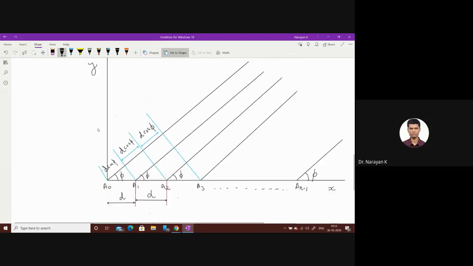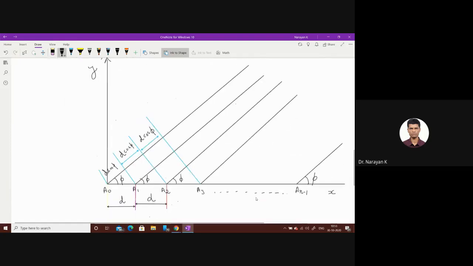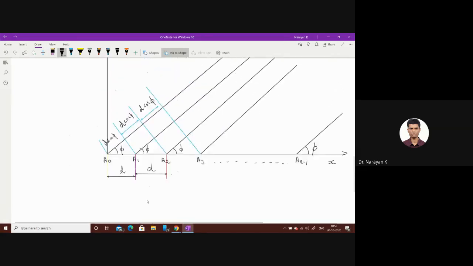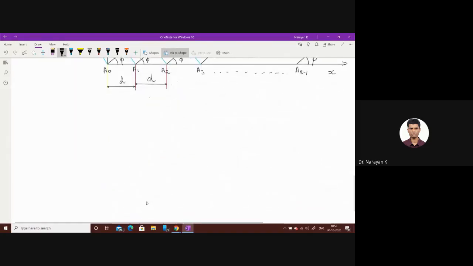This is your x-axis and this is your y-axis. That is what I have shown in the figure. So now we are doing an array of n point sources. All of you have drawn this diagram. Can I go forward? Yes, sir.